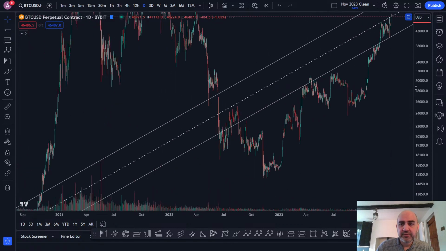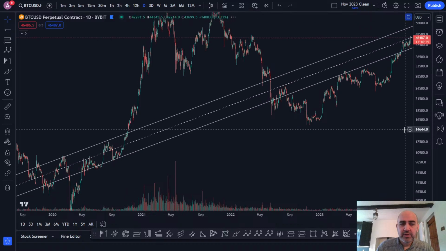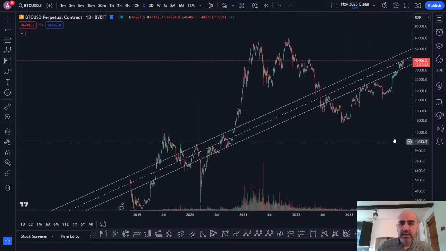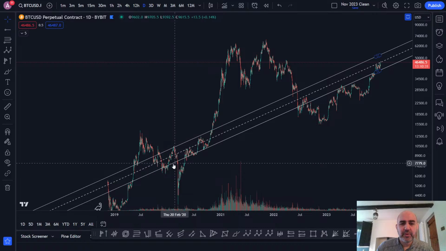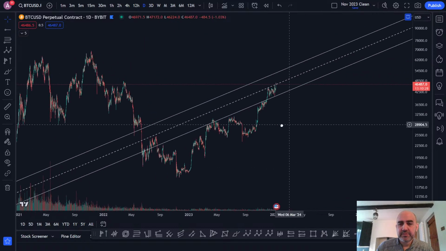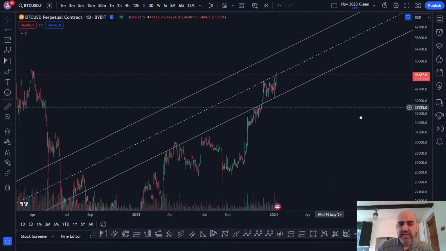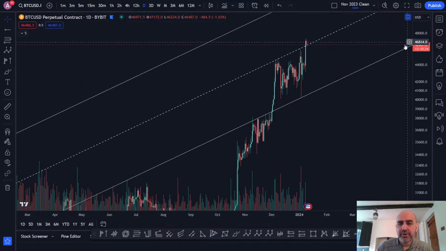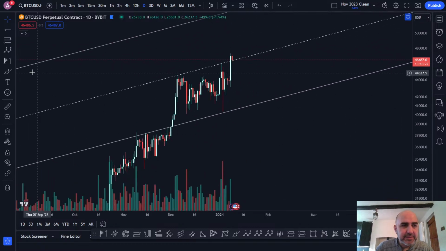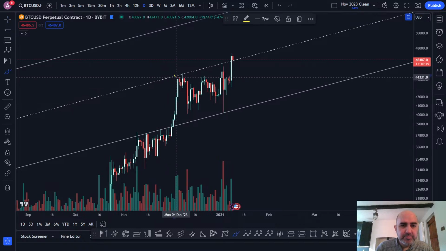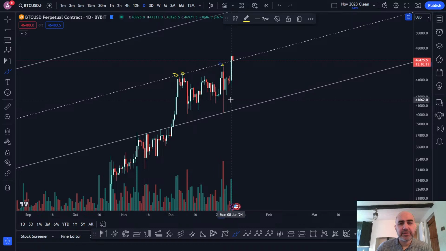I've got this channel, and I didn't really match it all the way back. When you zoom in and take the current price action, what we're looking at is this point here, this point here, and this point here. Now this lines up perfectly on Bybit inverse perpetuals, and I've looked at other Bitcoin charts and it's not the same.